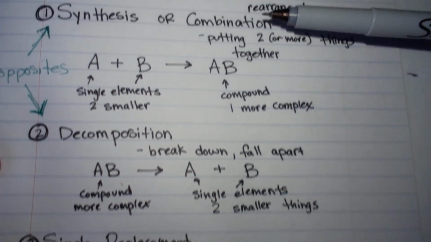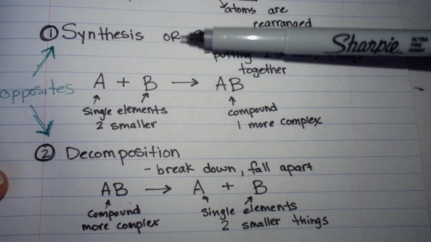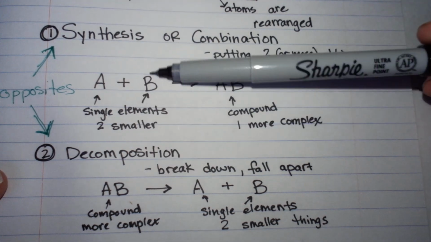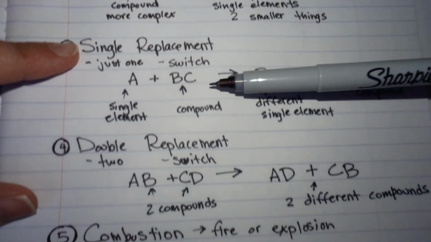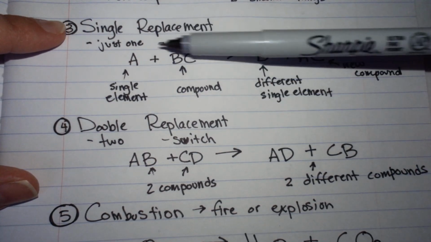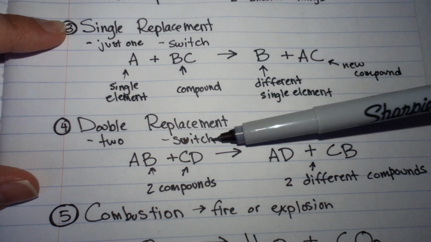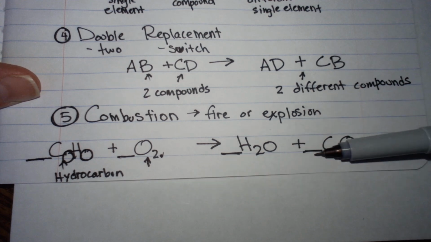So remember, synthesis, combination is opposite of decomposition. Single replacement and double replacement are pretty similar. Single is just one switch, double is two switches. Combustion always ends in water and carbon dioxide.